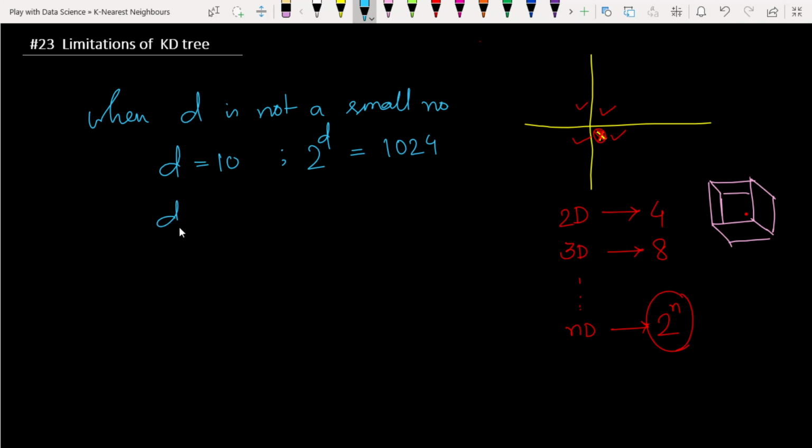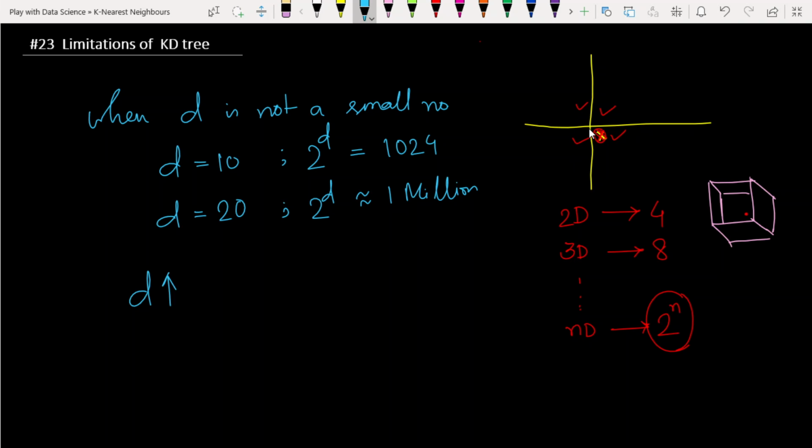And if we take D equal to 20, then 2 to the power 20 is approximately 1 million planes. We have to compare for one query point. So we see that, in the worst case, this is the case we are considering; we are not considering the best case.